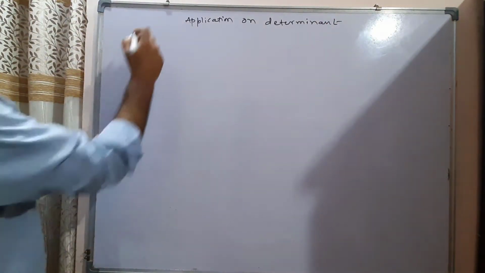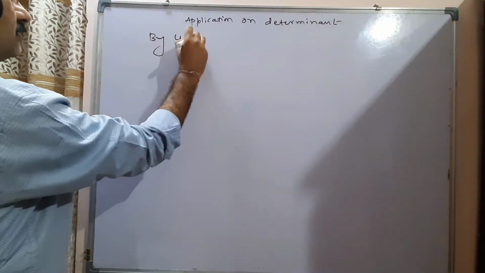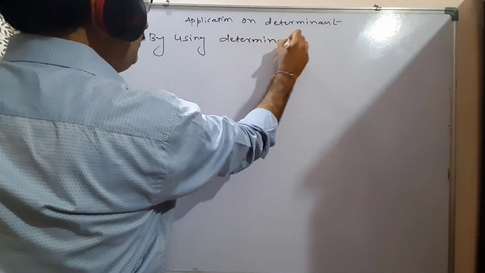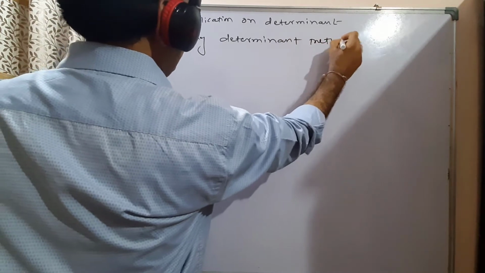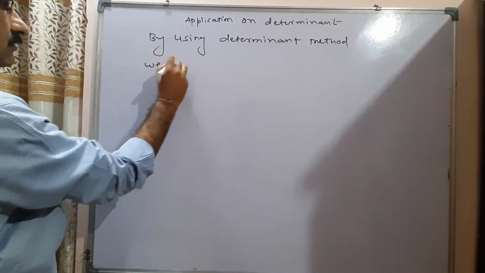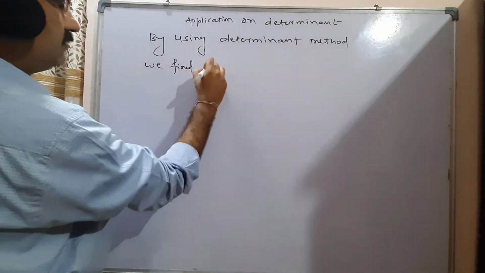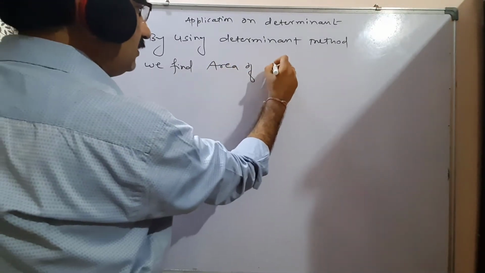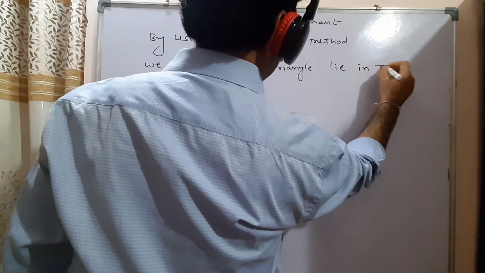By using determinant method, we find area of triangle lying in the xy plane.